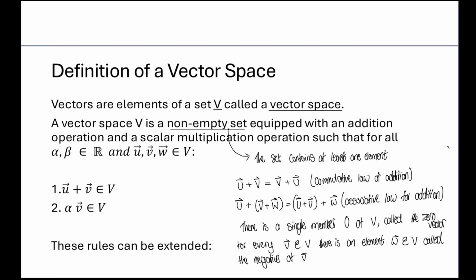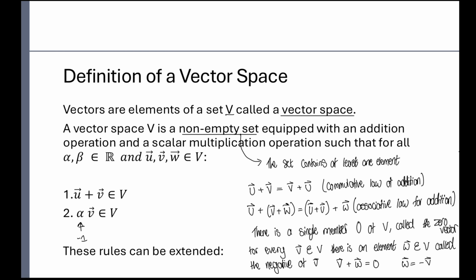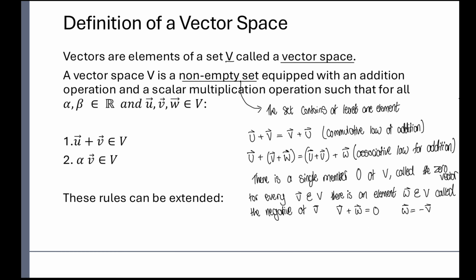All that's saying is that if we had the vector v plus the vector w, we'll get 0, because w is just equal to minus v. And again, you can see that is true, because if we had alpha is equal to minus 1, we get minus the vector v.